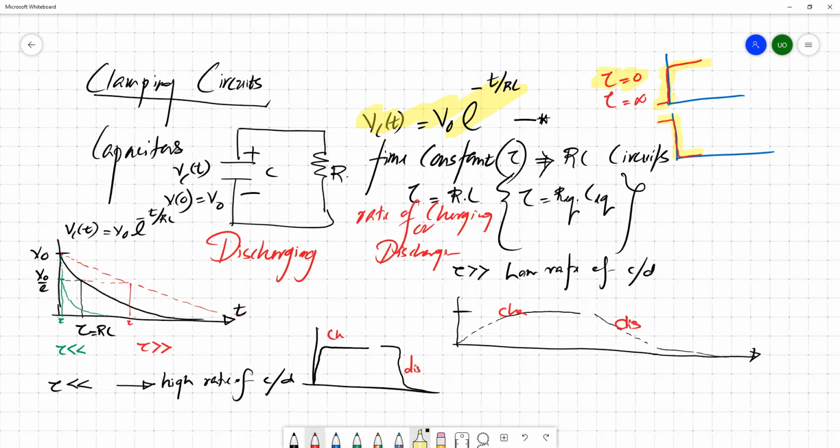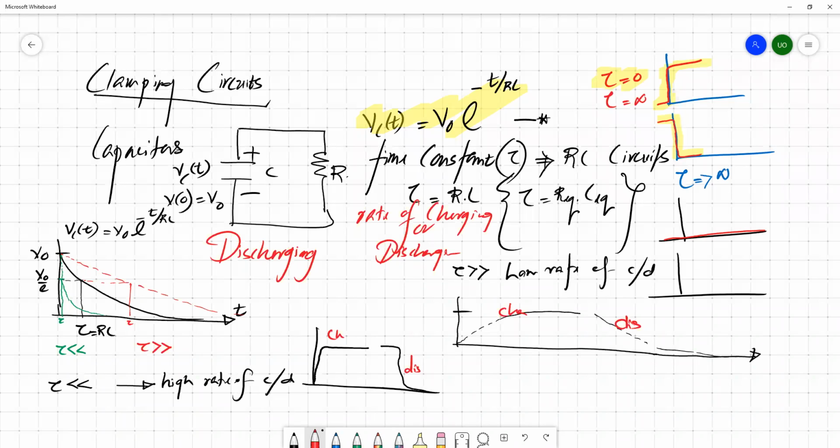If it is the other way, tau is infinity, then what happens? We can argue that if the time constant is infinite or reasonably large, then ideally, if it is charging, it never charges, because the time constant is infinite, meaning you need infinite time to charge.